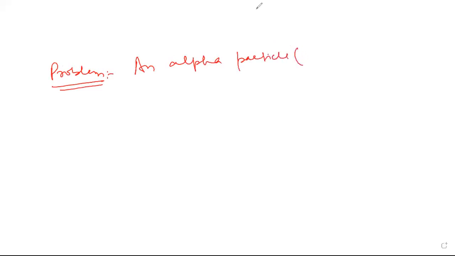Let me write the problem. Our problem says an alpha particle. What is an alpha particle?